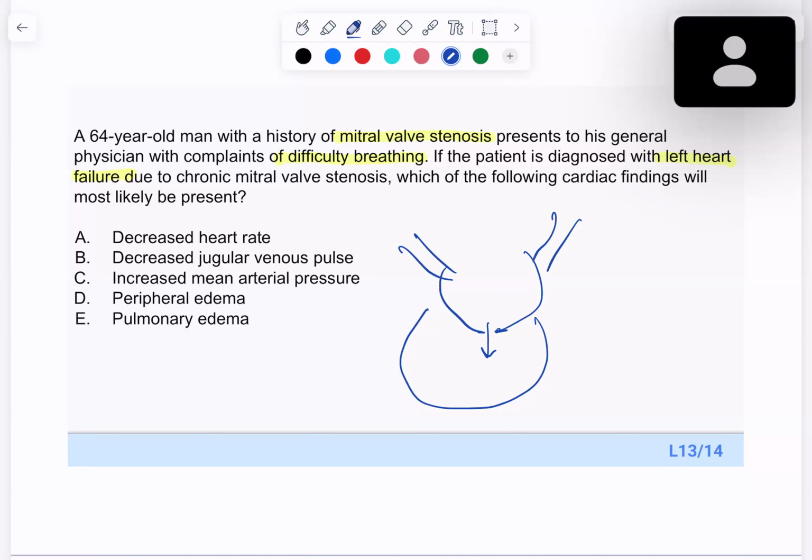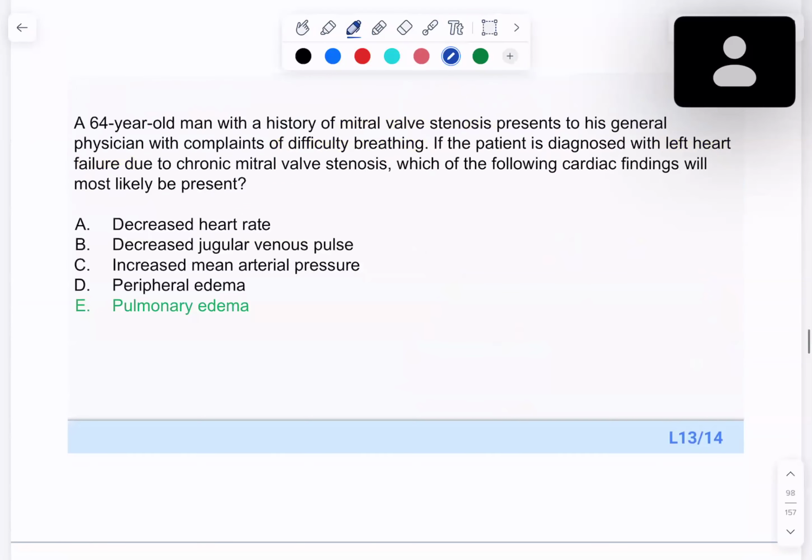And if you have the lung emptying into a sac that is filled with fluid that won't empty properly because its opening is so narrow, which is the mitral valve, then this fluid will back up into the lungs. And when you have so much fluid in the lungs, when you're unable to clear this fluid, you will eventually get pulmonary edema. And so the correct answer is E.